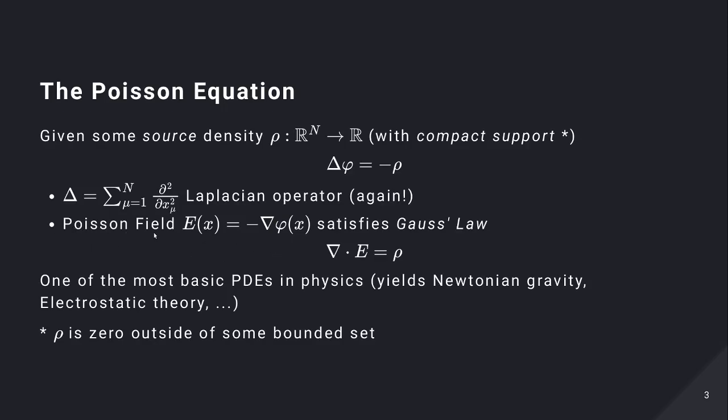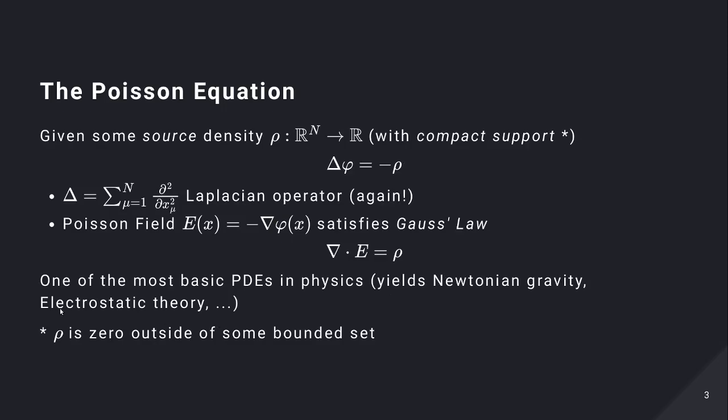If we take the gradient of our solution field phi, so phi is a scalar field, and if we take its gradient, that becomes a vector field, and this satisfies what's called Gauss's law in physics, which is simply the divergence of E is equal to rho. Now, this is one of the most basic PDEs in PDE theory, but also in physics, and depending on what rho looks like and how you interpret it, you get stuff like Newtonian gravity and electrostatic theory.